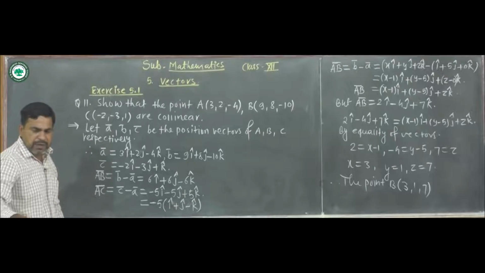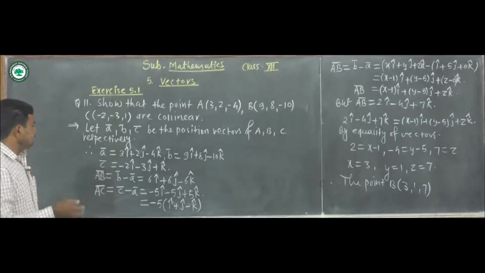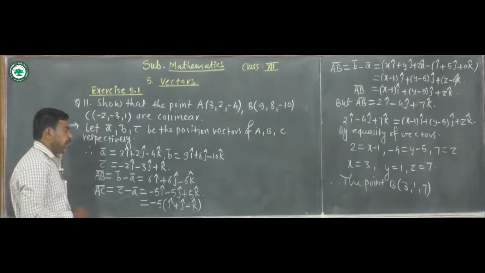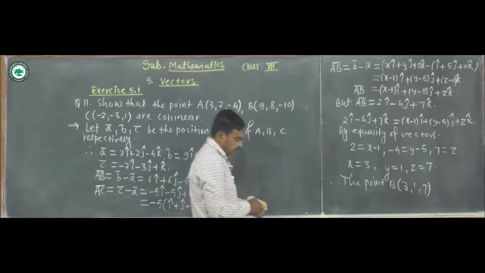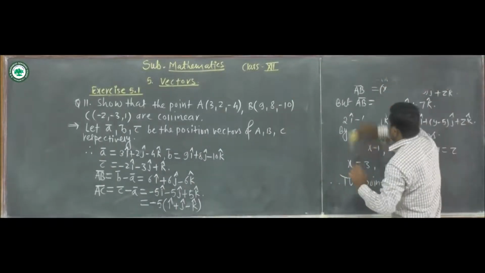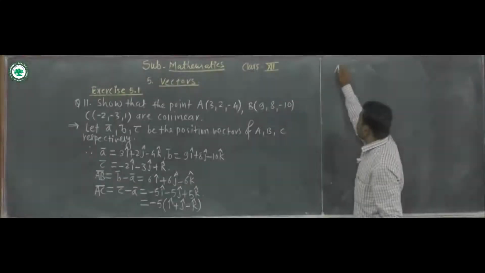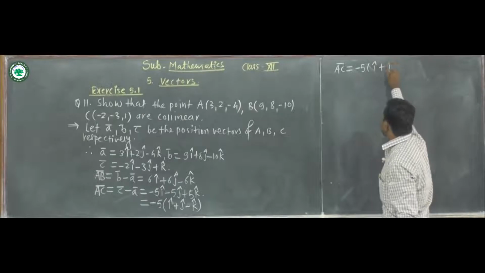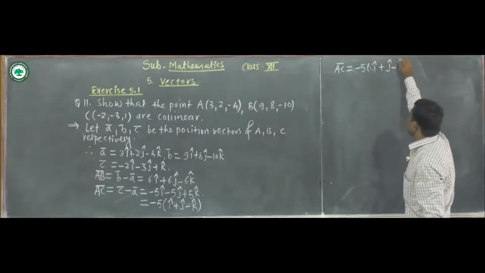So AC bar is equal to minus 5 in bracket i cap plus j cap minus k cap.